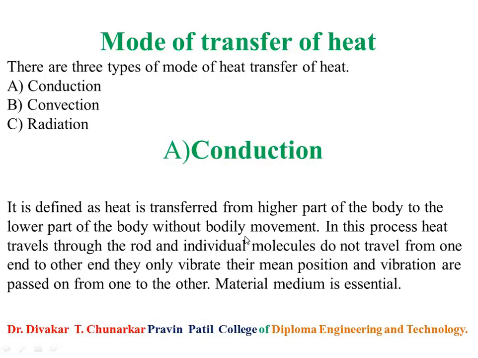For example, a metal rod. We will take a metal rod and heat one end. There are two ends, end A and end B. So when we heat end A, heat goes from one place to another, from the higher part of the body to the lower part, without any movement.